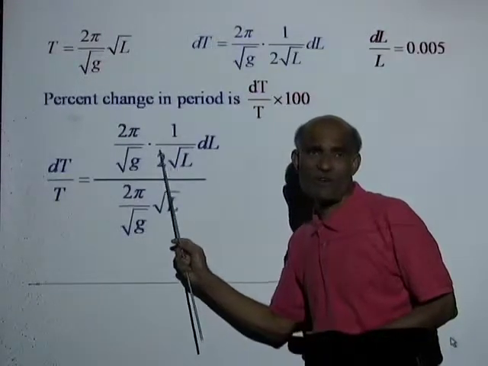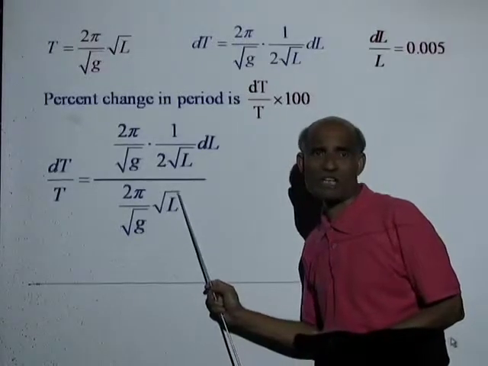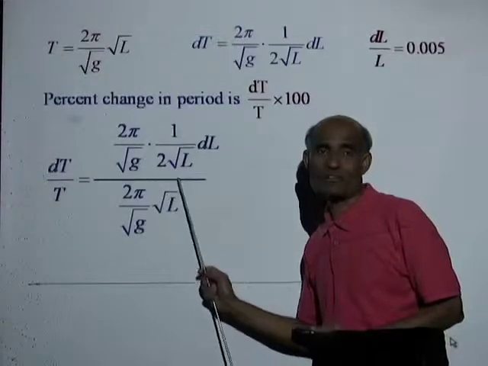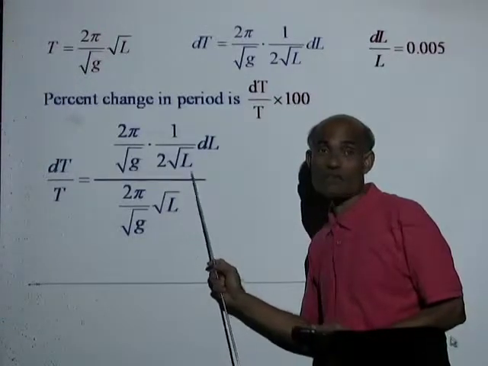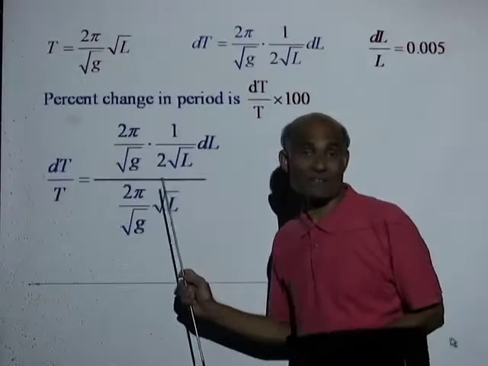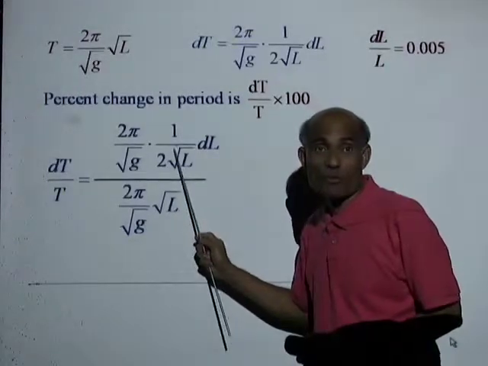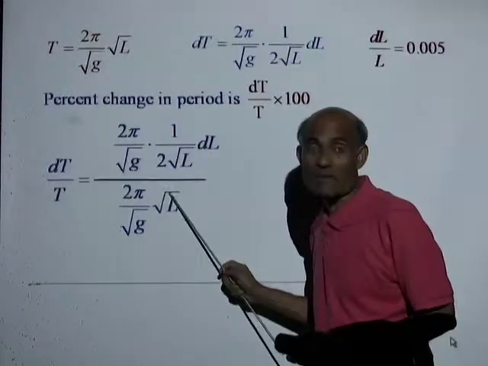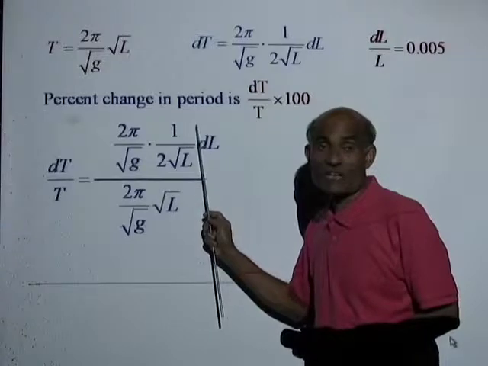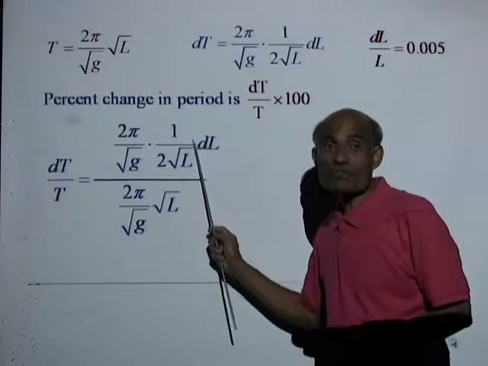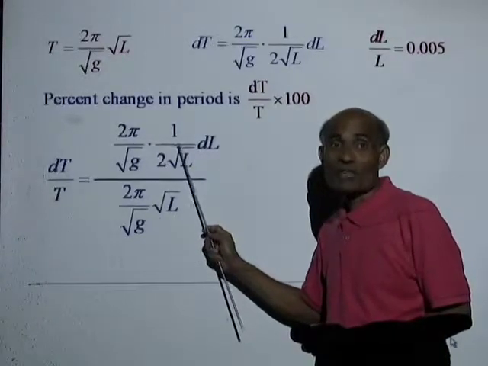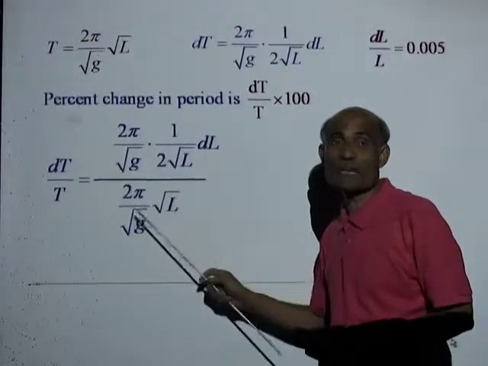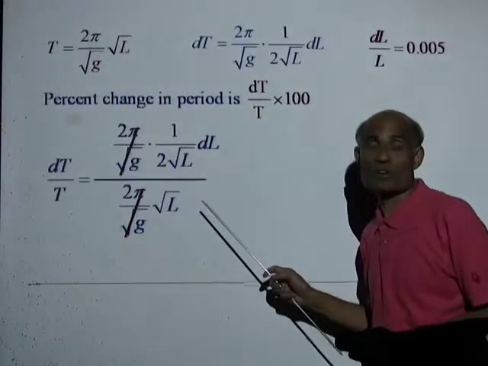Now, very often students have trouble simplifying these. Remember, this square root L is on the denominator, and this 2 square root L is also on the denominator, isn't it? Because A over B divided by C is A over BC. So here, the only thing on the numerator is dL. The denominator is 2 square root L times square root L. These two will cancel.